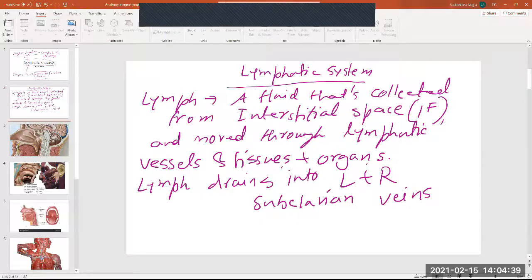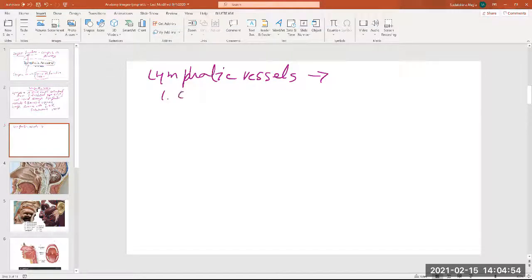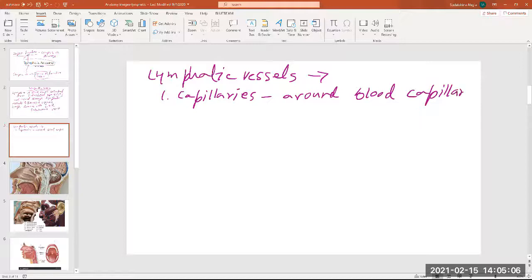Okay, lymphatic vessels. There are three types of lymphatic vessels. One are the lymphatic capillaries, which are around blood capillaries, slightly larger.